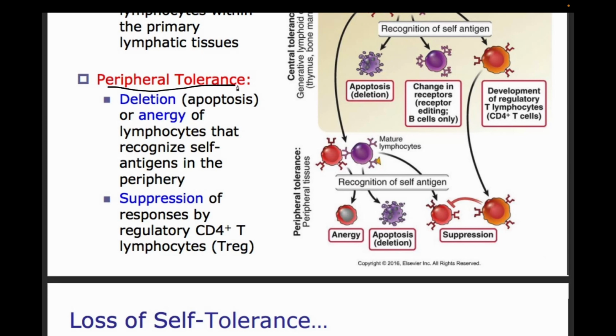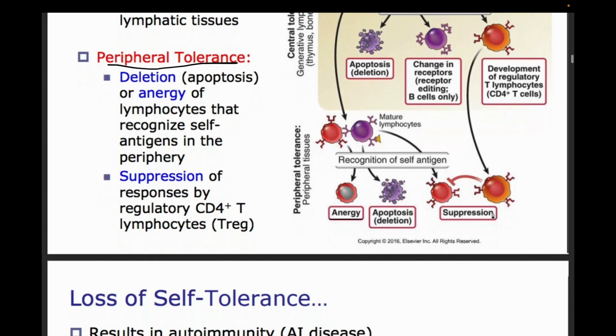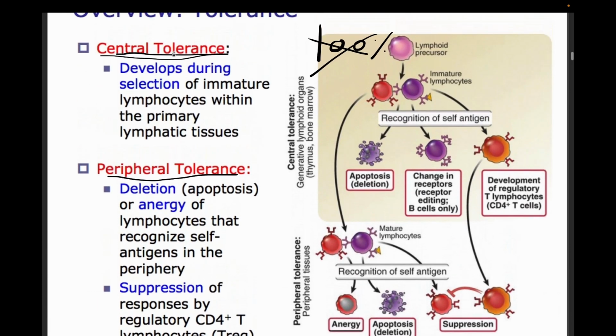Process called peripheral tolerance. Either the cell undergoes deletion, apoptosis, or anergy by inhibitory receptors مثلا CTLA4، أو suppression from the regulatory T cells. تمام؟ عندنا central tolerance تصير بالprimary lymphoid organs، وعندنا peripheral tolerance. This ensures that we don't have self-reactive T or B cells.